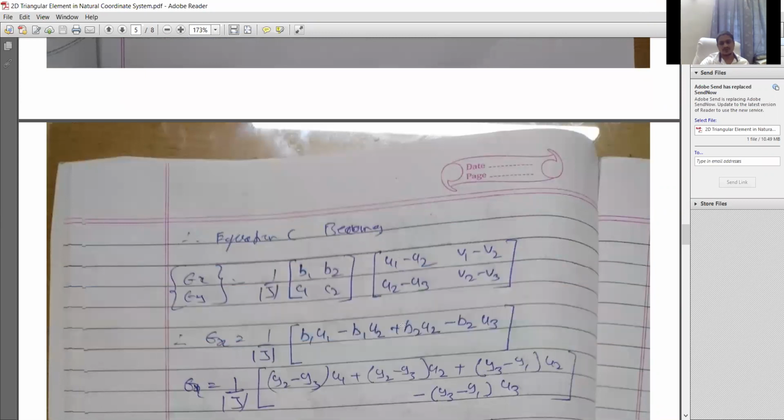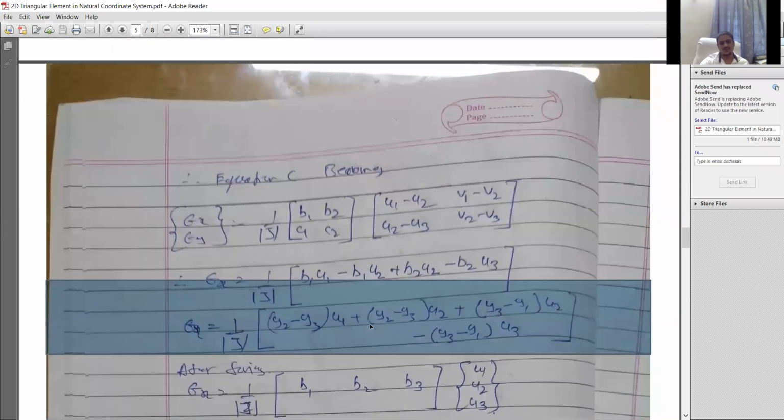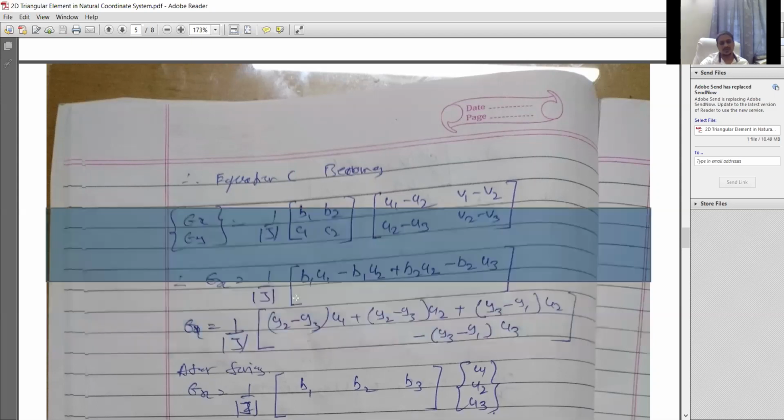So if you solve this, you are going to get a larger expression in terms of U1, U2, and U3. And here B1, B2, B3, the values I have written in terms of the difference of coordinates. So B1 I have written as y2 minus y3, B2 I have written as y3 minus y1, and B3 as minus of y3 minus y1.